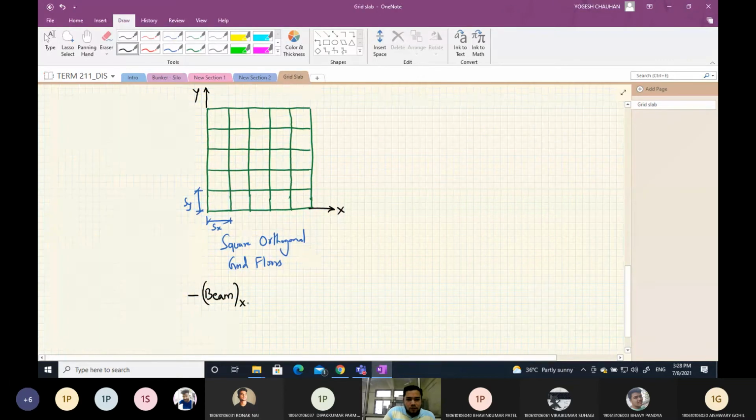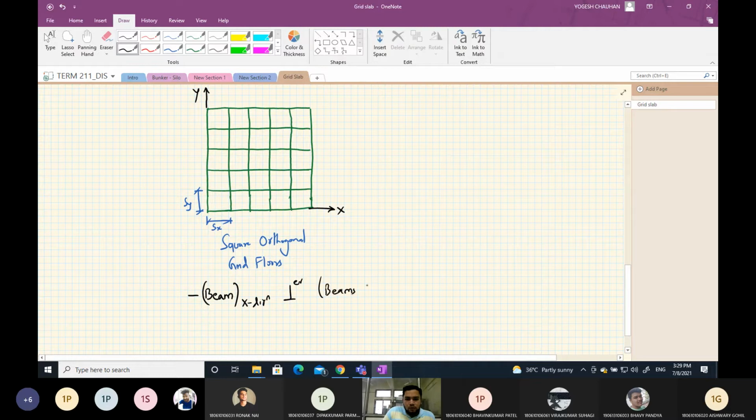Second thing, Sx is equal to Sy, meaning the spacing of the beams in both the directions will be the same.